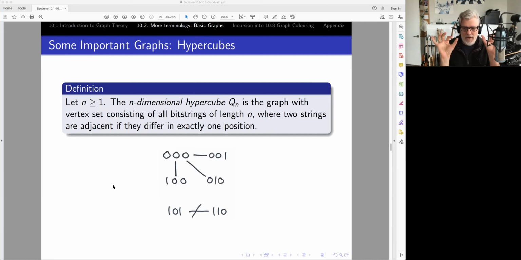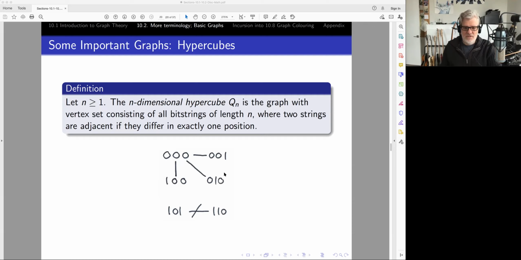When you define a graph, you have to say what the vertices are, and you have to say when two vertices are adjacent or not. So here, two vertices, which are two bit strings of length n, when are they adjacent? If they differ in exactly one bit. They're exactly the same except in one position. So in the three-dimensional hypercube, 000 is a vertex.